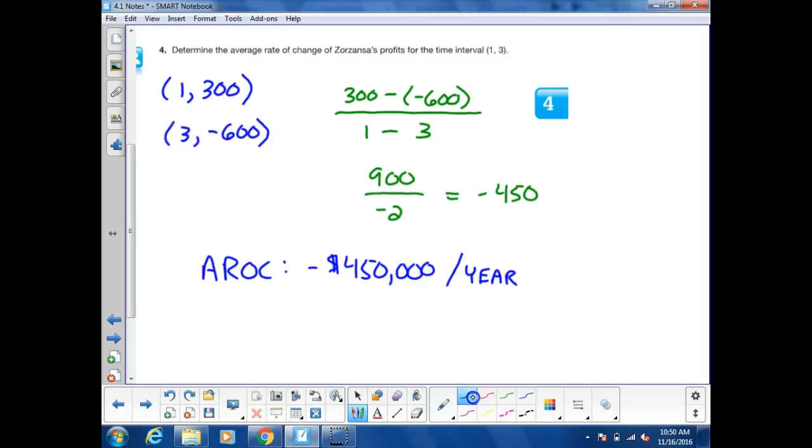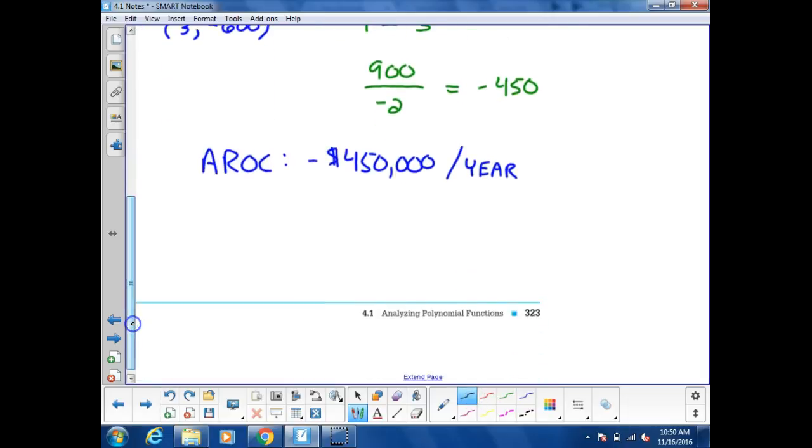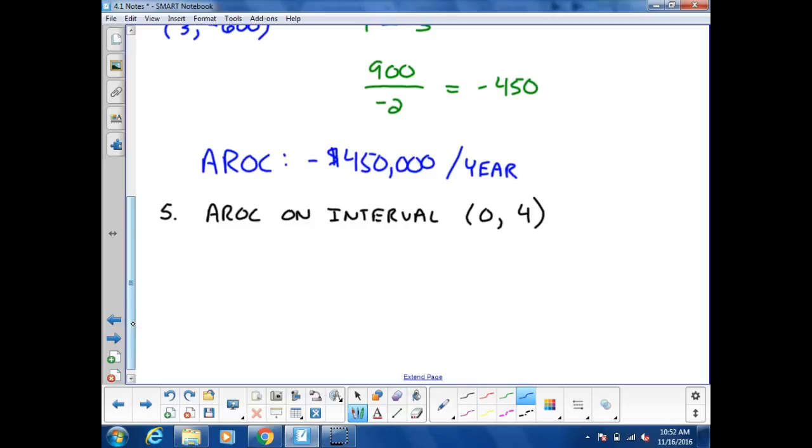Follow-up question, we'll call it question number 5. Find me the AROC on the interval 0 years to 4 years. Find me that AROC from 0 years to 4 years. What do I need? I need the points, right?